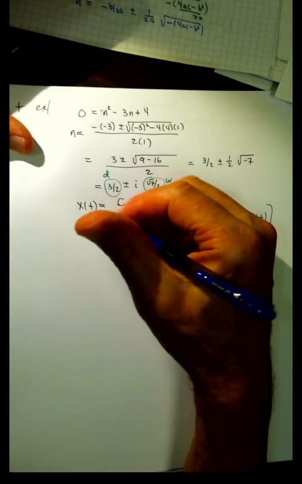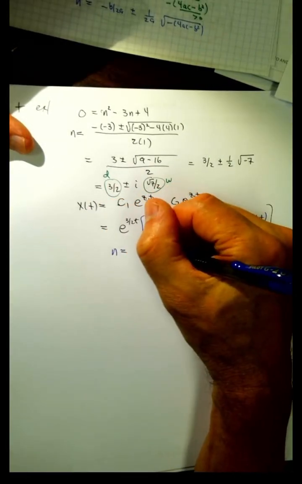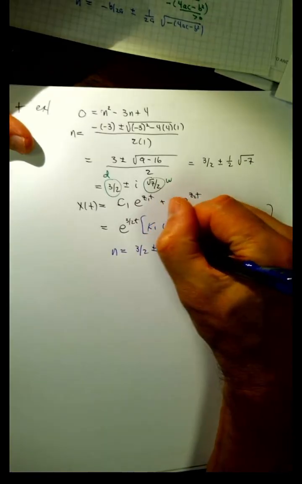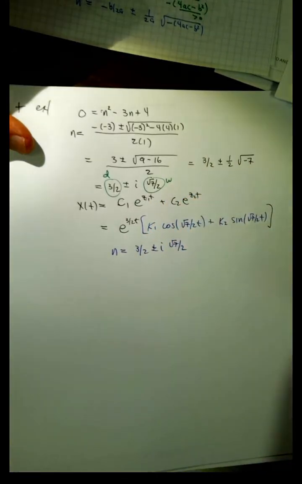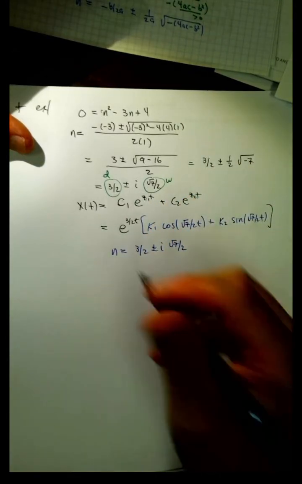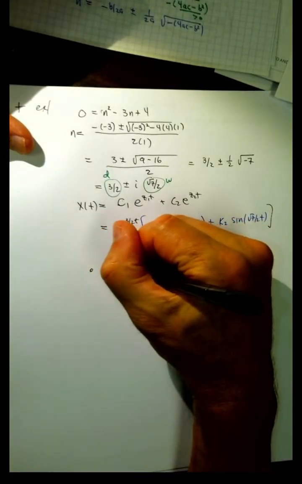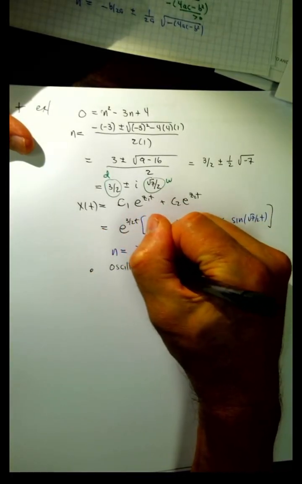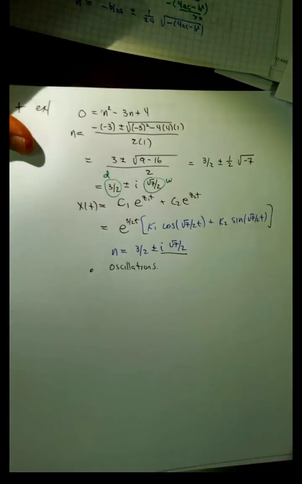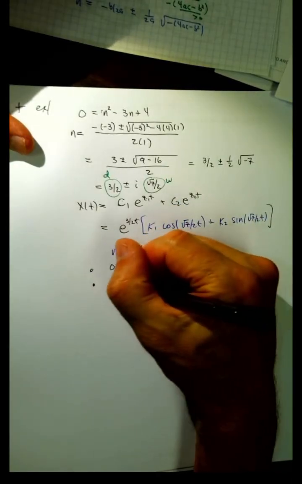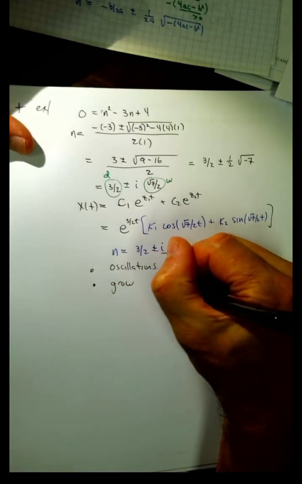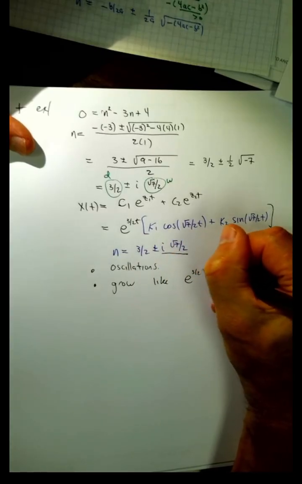So immediately, once you saw that the roots look like 3 halves plus or minus i square root of 7 over 2, you should immediately recognize there's going to be oscillations because there's an imaginary part. It's going to grow like e to the 3 halves t.